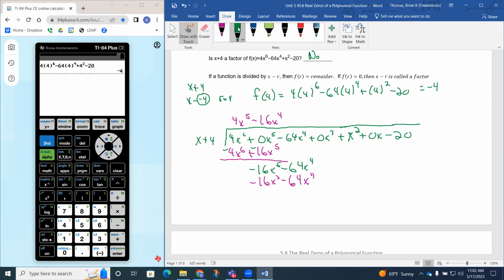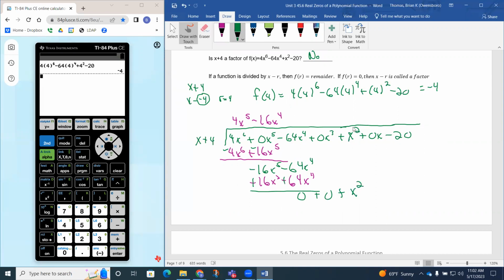So then we want to change the signs. That turns into positive, that turns into positive. We want to add, so that all zeroes out. So that's a 0. So we're now down to this x squared comes in.